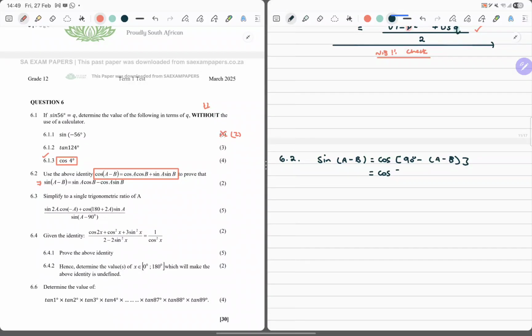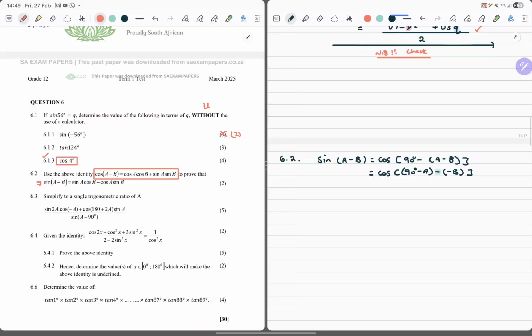So cos of, now we just regroup these things, it's going to be 90 degrees minus A, then minus B, because this would have been a plus, isn't it? So we just want the negative. So the key thing is to have a negative between the two angles.